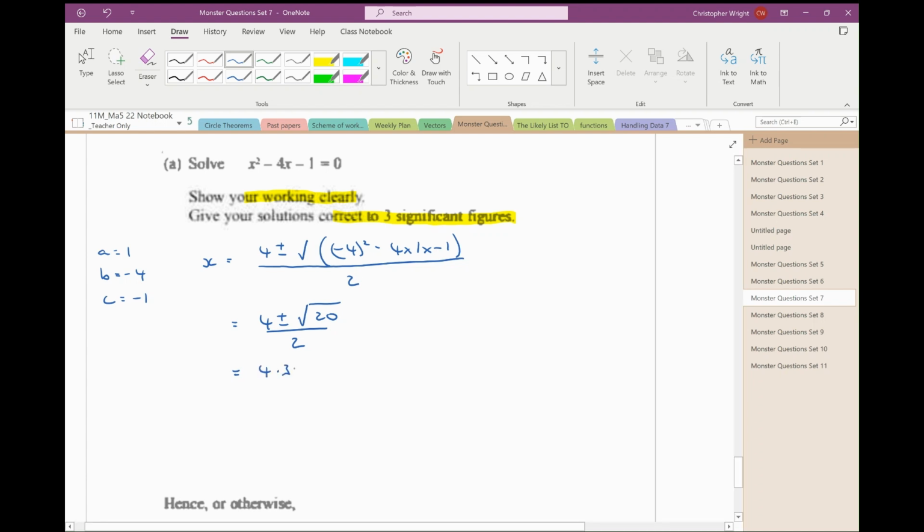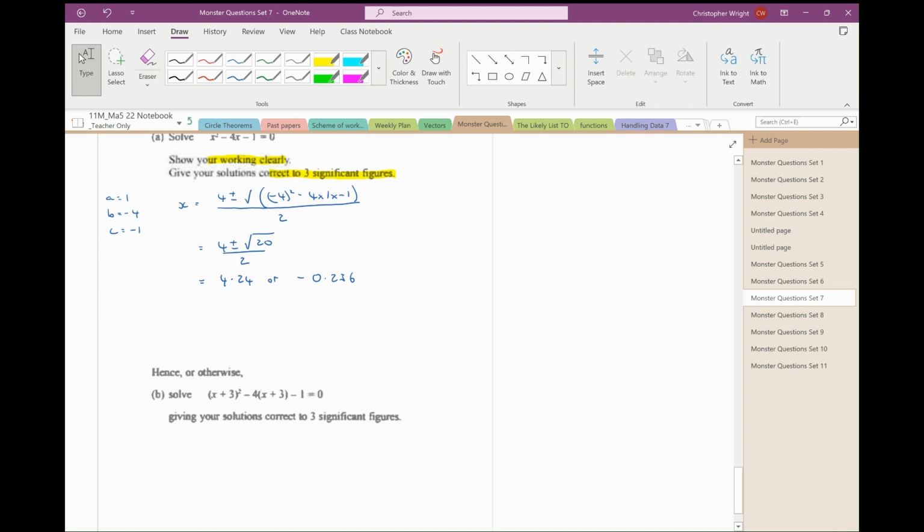What am I doing? 3 significant figures, so 4.24, or 4 minus root 20, divided by 2 equals minus 0.236, to 3 significant figures. There we go, right.